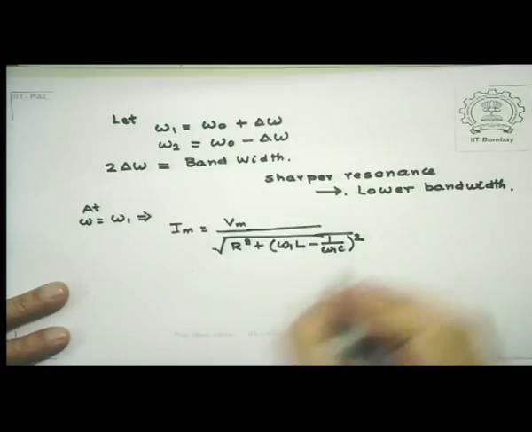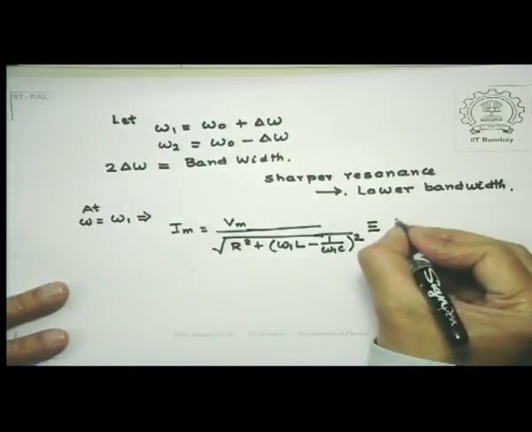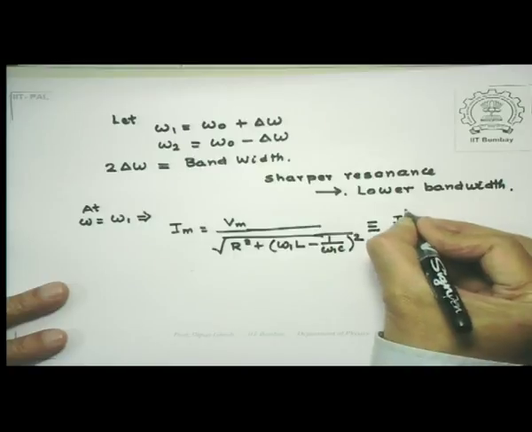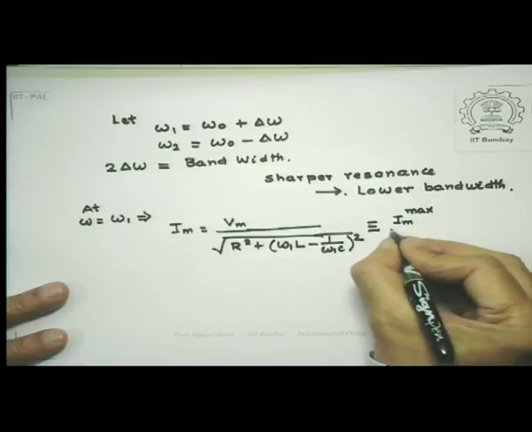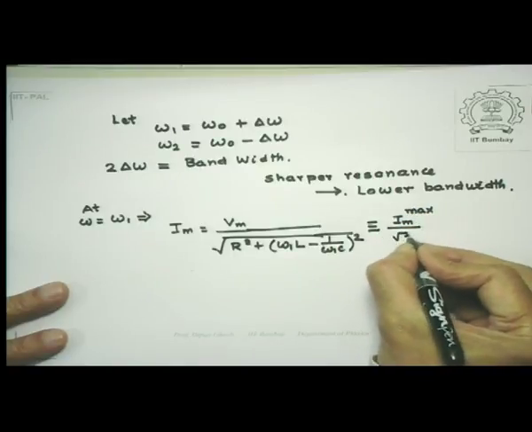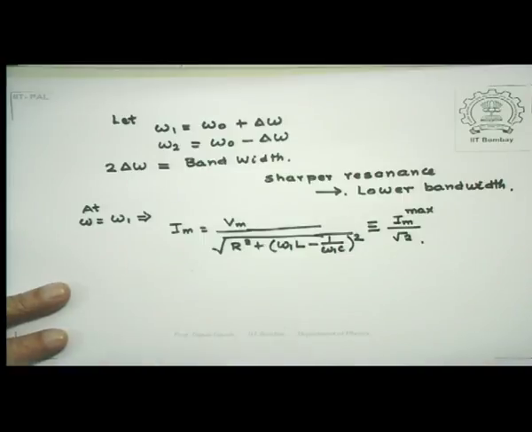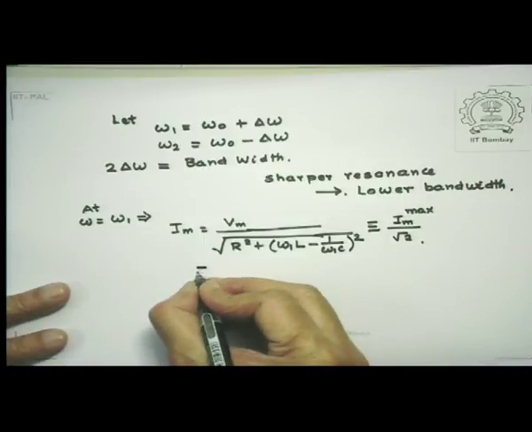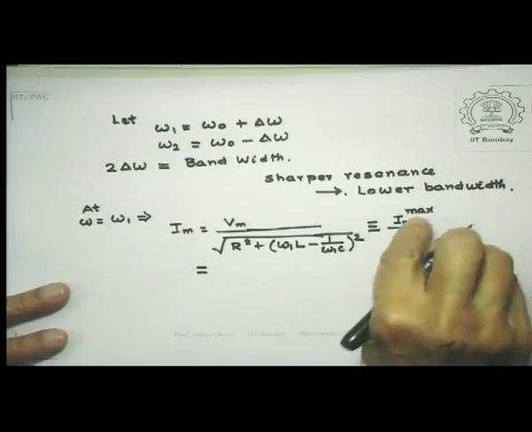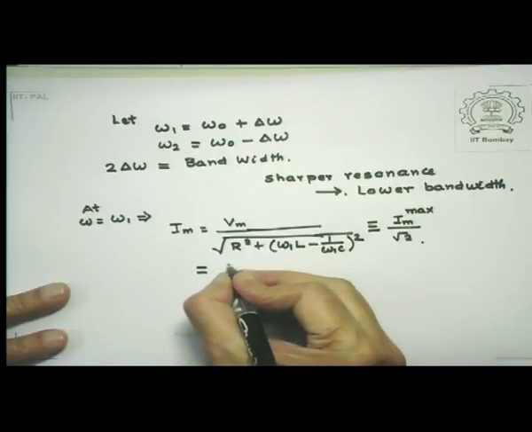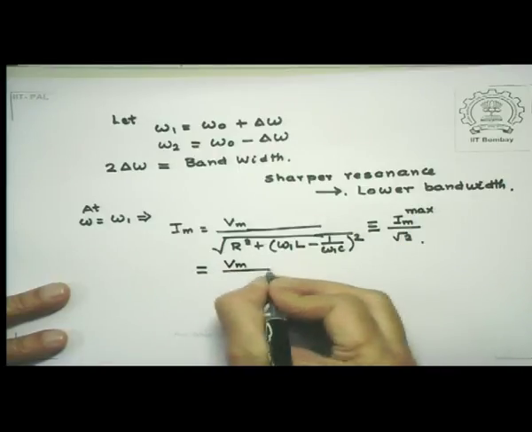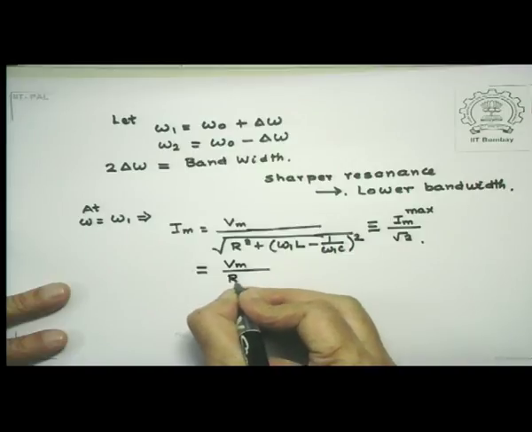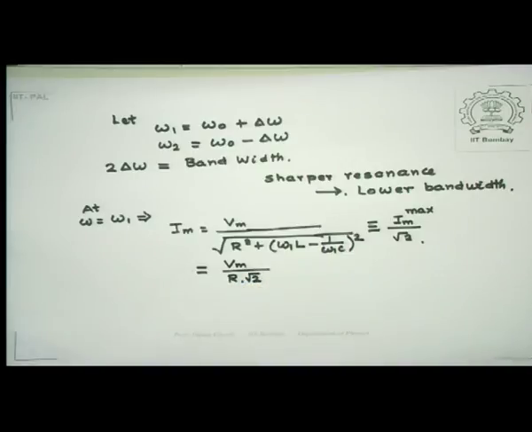And this, by our definition of the half power point, is Im max divided by square root of 2. Since Im max is nothing but Vm by R, it is Vm by R into square root of 2 in the denominator.